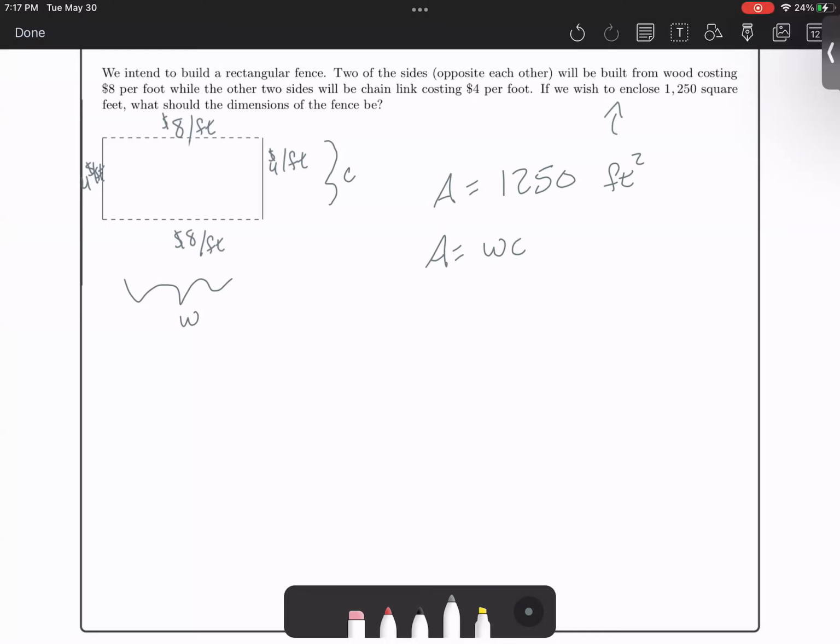Now, what do I want to do? I guess it doesn't say, but let's imagine that we want to minimize cost, right? If I want to build this fence, I should want to build it with the lowest cost possible. So we need to come up with a cost equation.